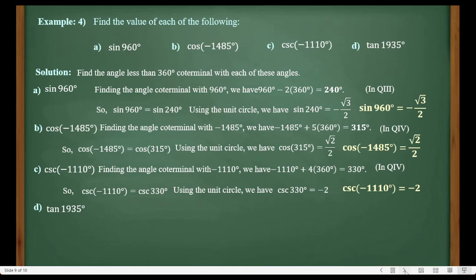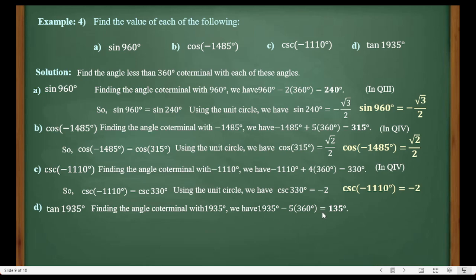And for the last item, letter D, tangent of 1935 degrees. Of course, for 1935 degrees, you get its coterminal less than 360 degrees. So you must subtract 360 degrees 5 times.